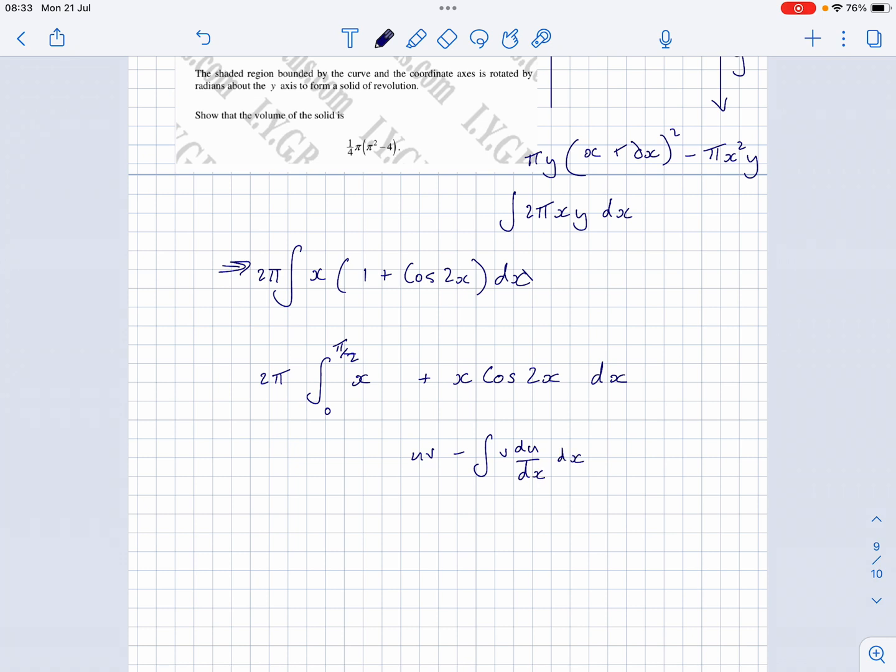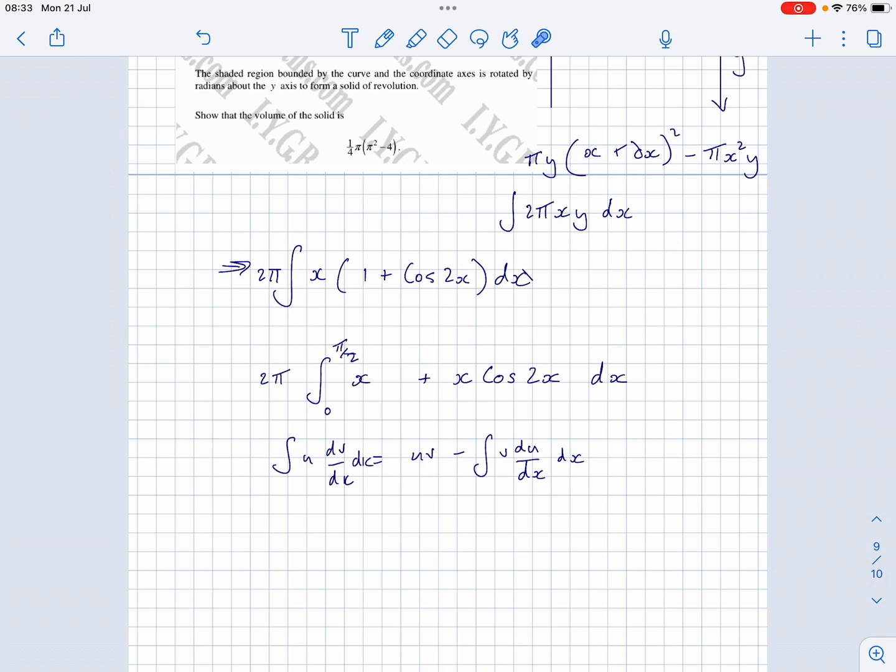Bear with my Apple Pencil. There we go. And if I want to integrate u dv dx, I'm going to end up using this side of the formula.